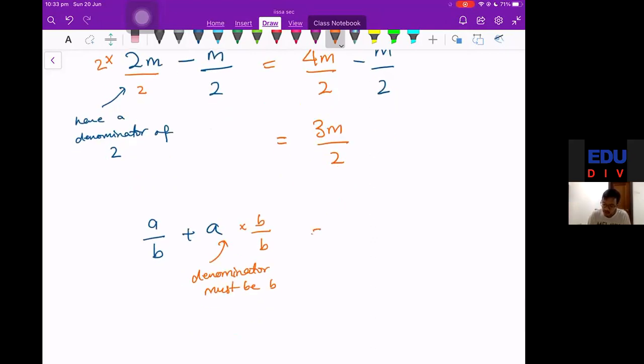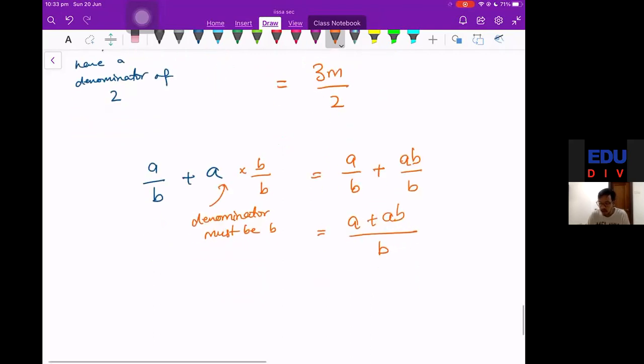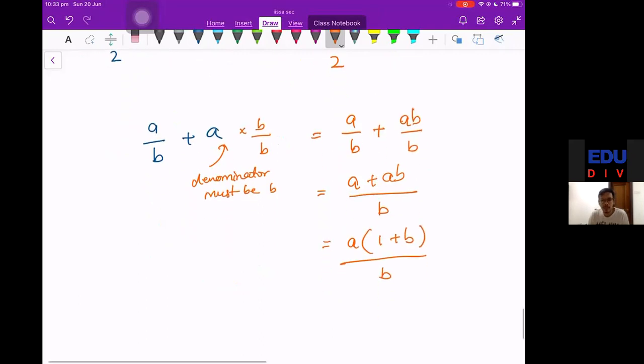So this equation is going to be a over b plus, here we are multiplying a and b, over b. So this here is going to be ab over b, which makes this equation a plus ab over b. Actually, you can still simplify this by factorizing a outside: a times 1 plus b over b.